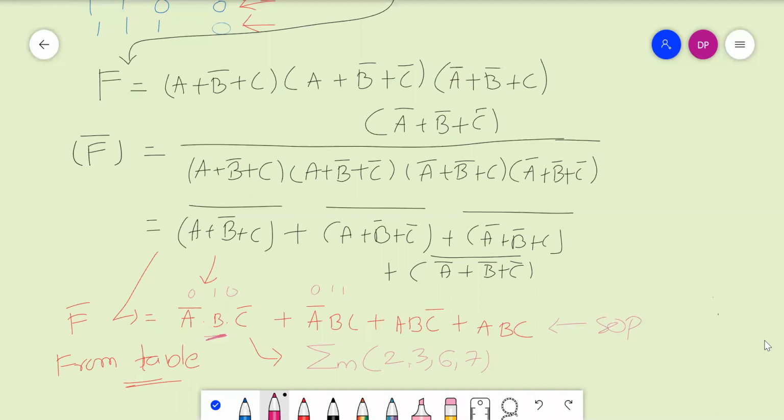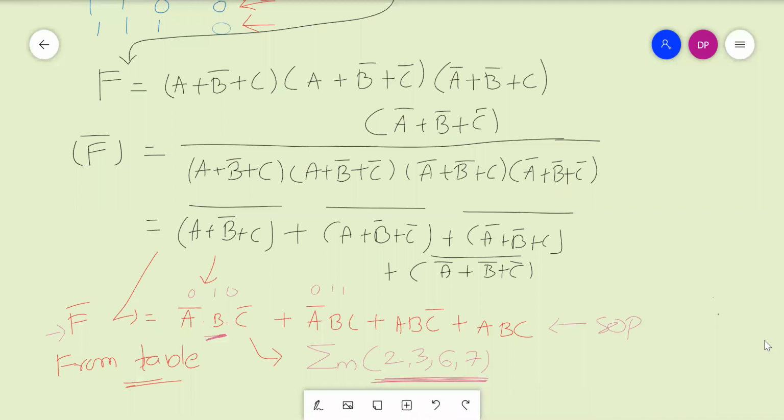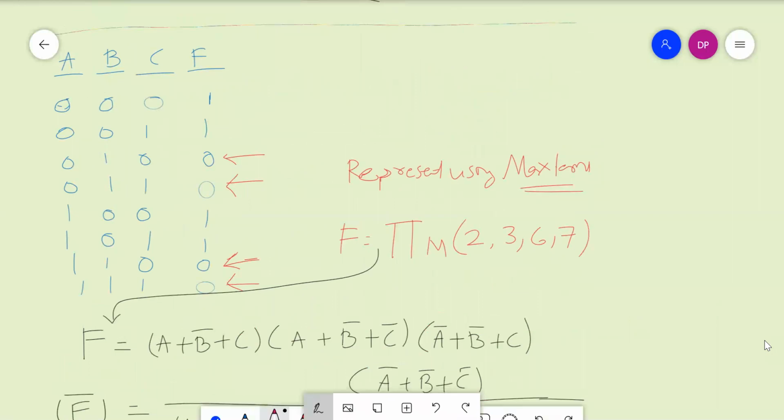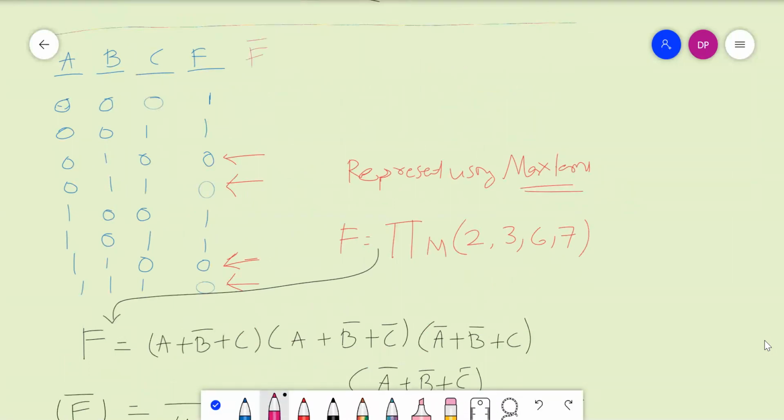From the table we will verify 2, 3, 6, 7. These values should be 1 for F complement. Let's go to the table. So let's find F complement here. This is 0 0 1 1.